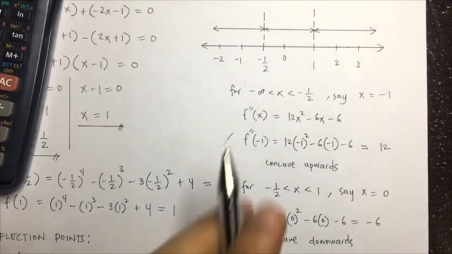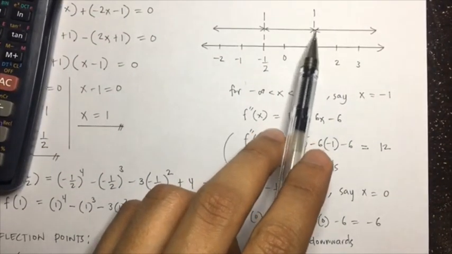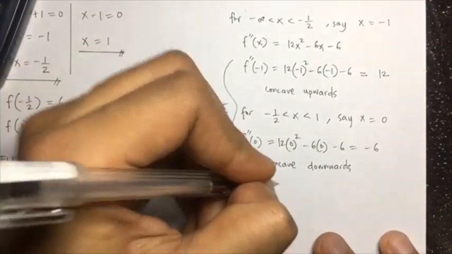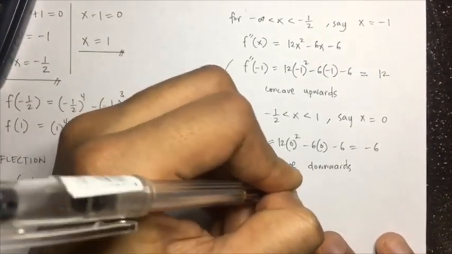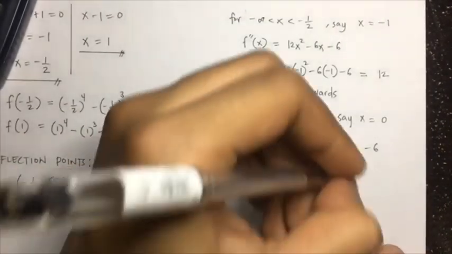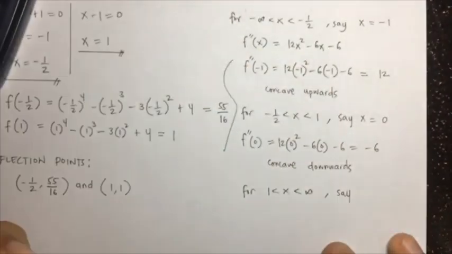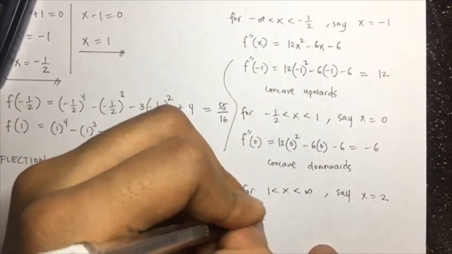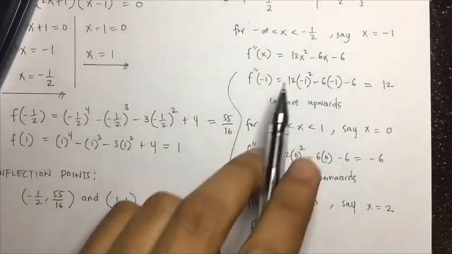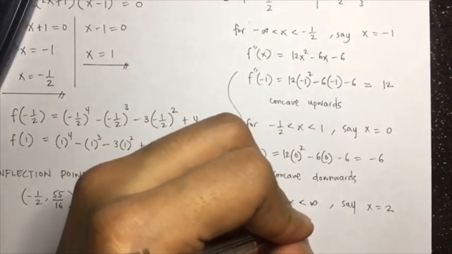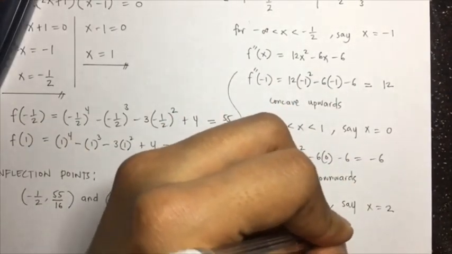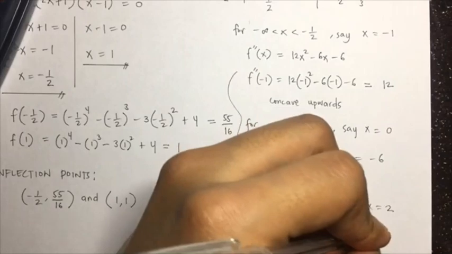Okay. So for our last interval, from positive 1 to positive infinity. So 1 is less than x is less than positive infinity. So say x is equal to 2. Okay. So f double prime of 2 is equal to 12 times 2 squared minus 6 times 2 minus 6.